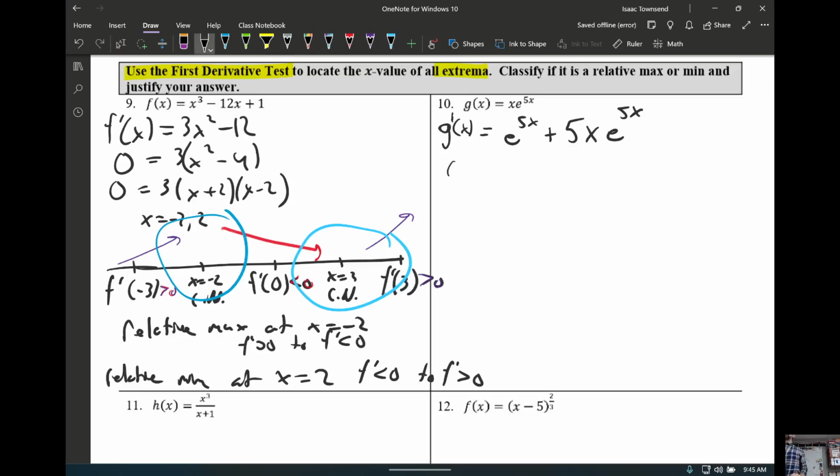And if you're having trouble solving this, you need to consider taking out a GCF. The only way you're going to solve that is by factoring like I did.